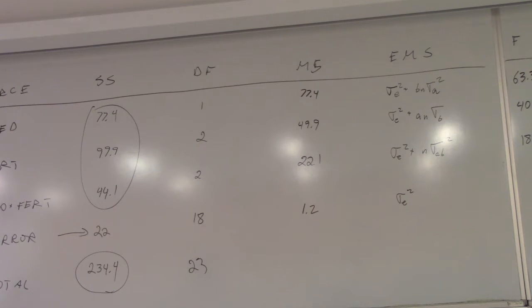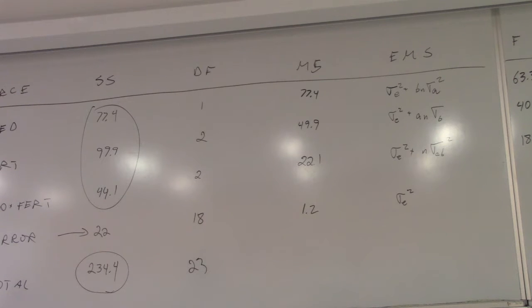I'm going to dispense with all the subscripts. Plus alpha gamma plus beta gamma plus alpha beta gamma plus epsilon. Okay? So here I get however many treatments there were, minus 1 degrees of freedom. Here, however many treatments there were, minus 1. However many there were, minus 1.